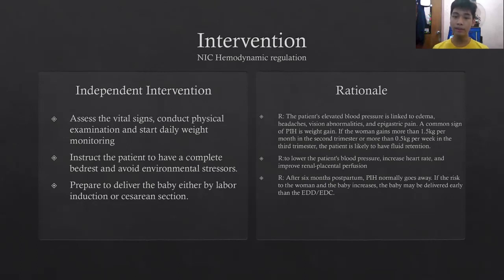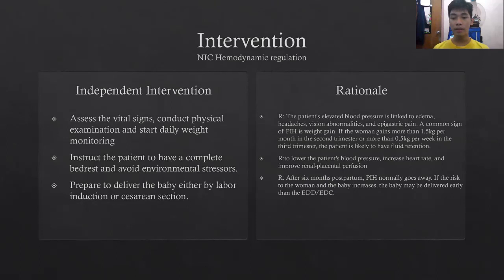The reason for doing this is because the patient's elevated blood pressure is linked to edema, headache, vision abnormalities, and epigastric pain. So a common sign of pregnancy-induced hypertension is weight gain. And that's why we must do daily weight monitoring.